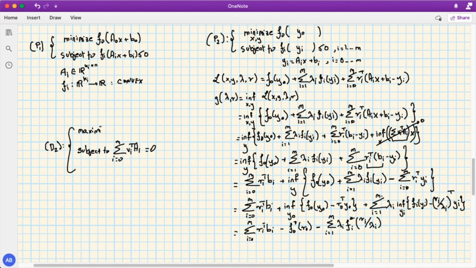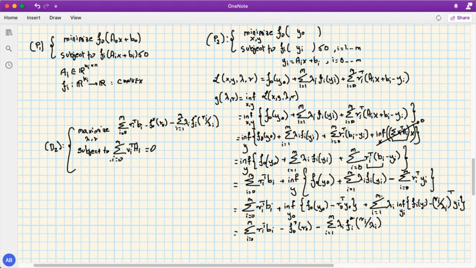So maximize with respect to lambda and nu this whole term, which is the sum, i going from 0 till m, nu i transpose bi, minus f0 conjugate of nu 0, minus sum of lambda i fi conjugate of nu i over lambda i, where i is going from 1 till m.